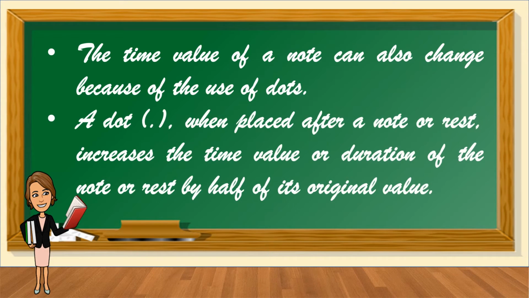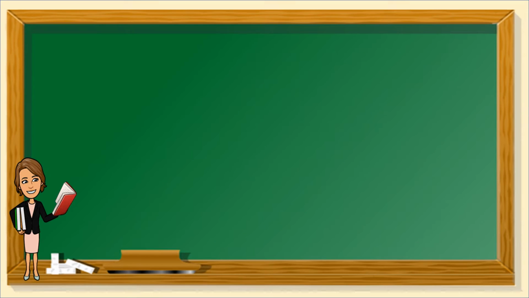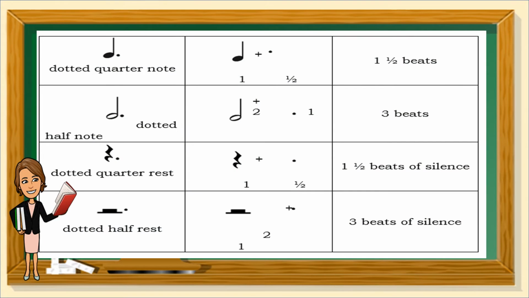The time value of a note can also change because of the use of dots. A dot, when placed after a note or rest, increases the time value or duration of the note or rest by half of its original value. So we have here examples of a dotted note. So we have dotted quarter note.